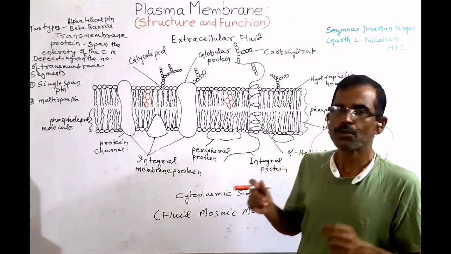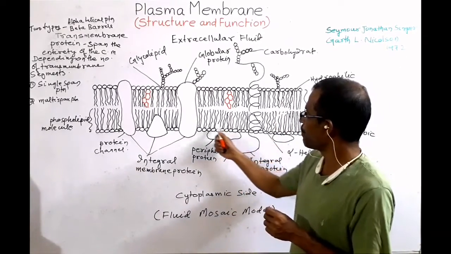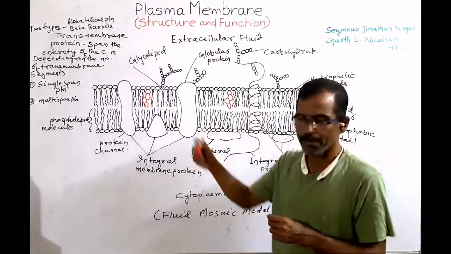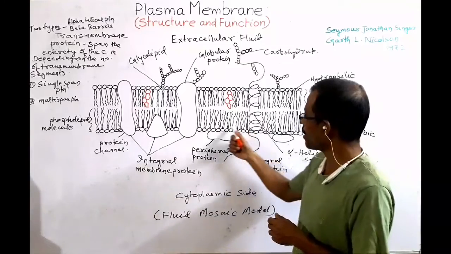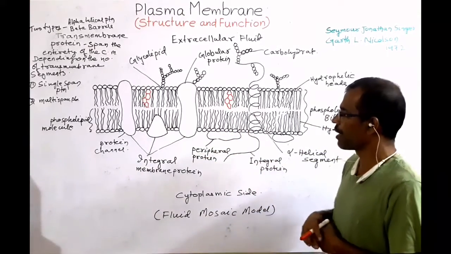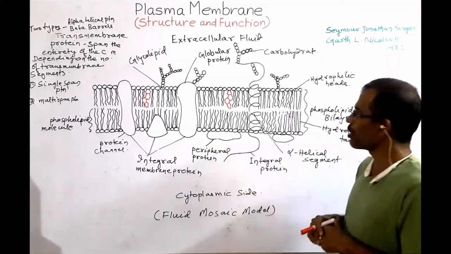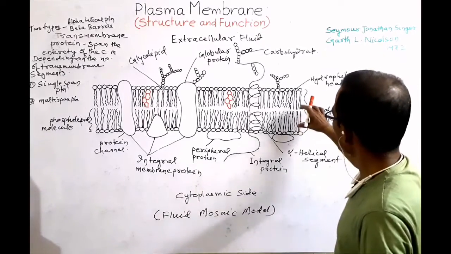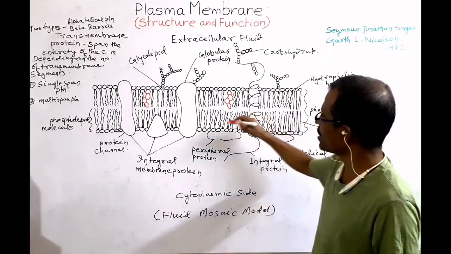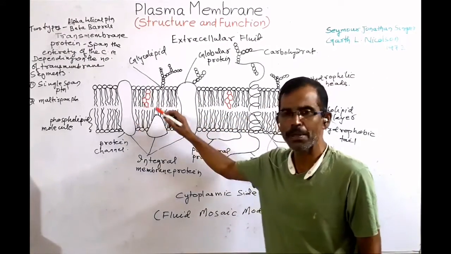In such a two-dimensional fluid, lipid and other molecules can diffuse laterally. Even these molecules can also spin within the lipid bilayer. So according to the fluid mosaic model, the cell membrane consists of a lipid bilayer in which protein molecules are embedded.